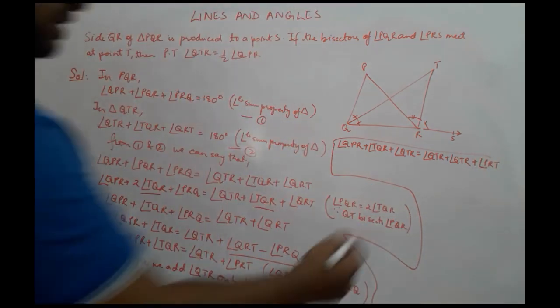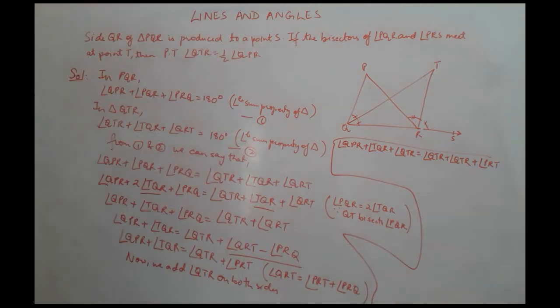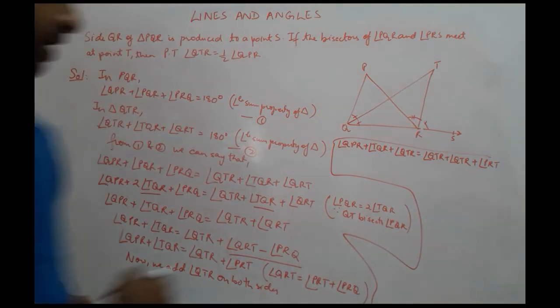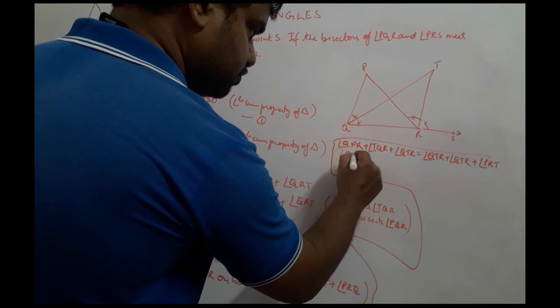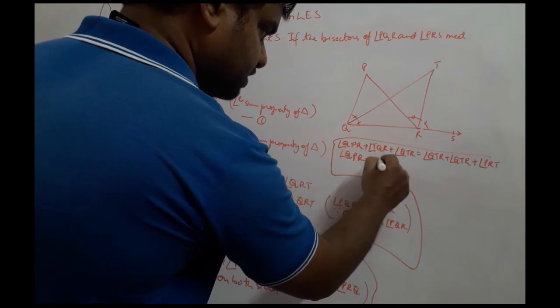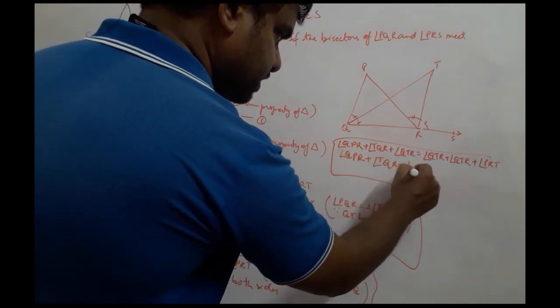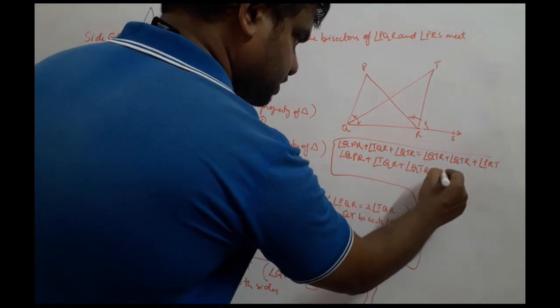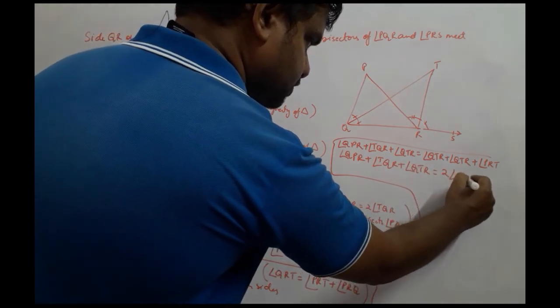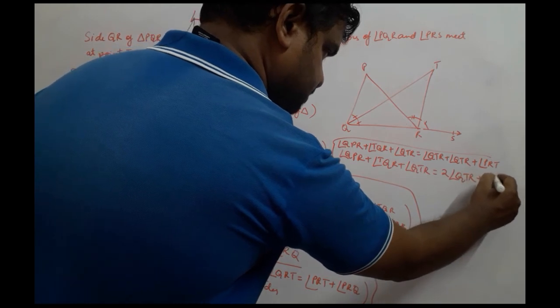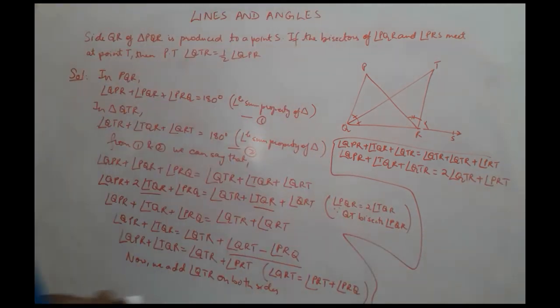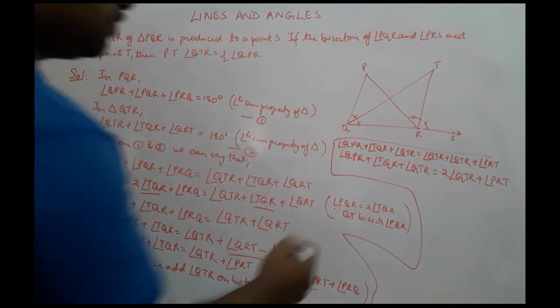Of course this then gets added up, both of them. Okay, and we write the same thing again, angle QPR plus angle TQR plus angle QTR equal to 2 times angle QTR plus angle PRT.